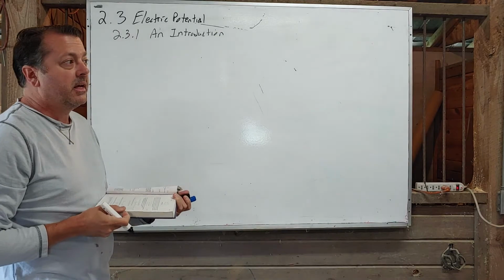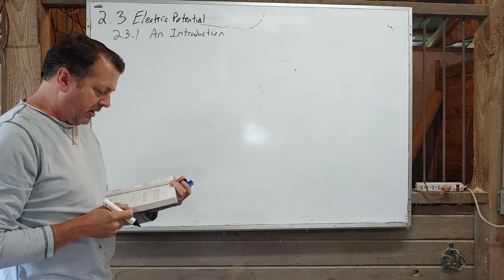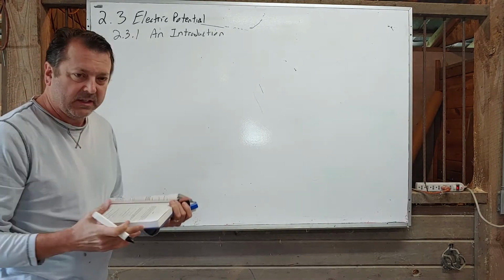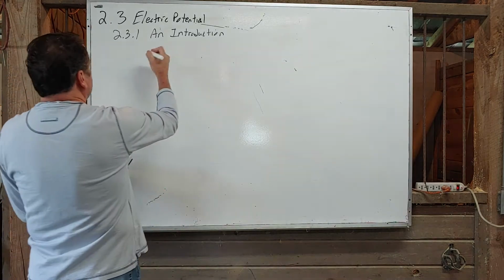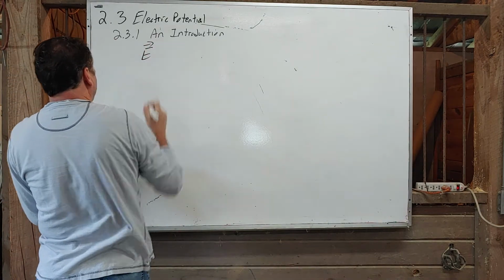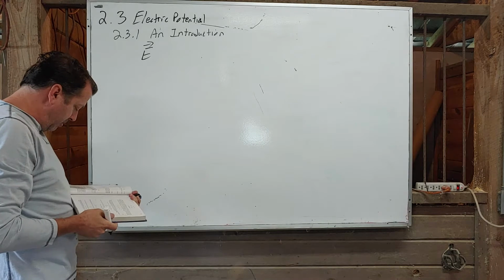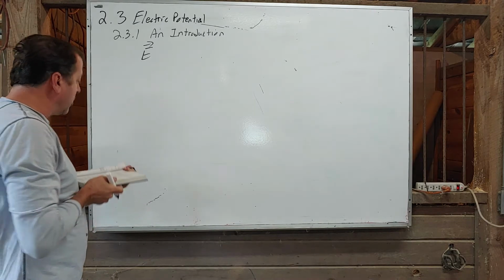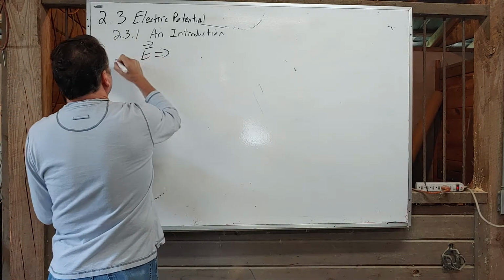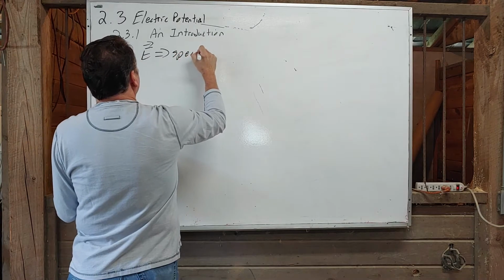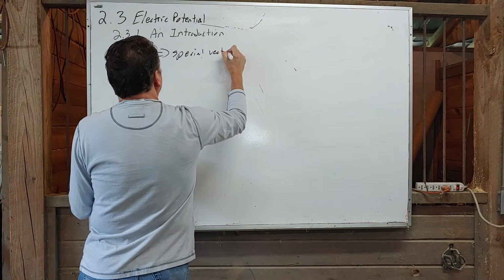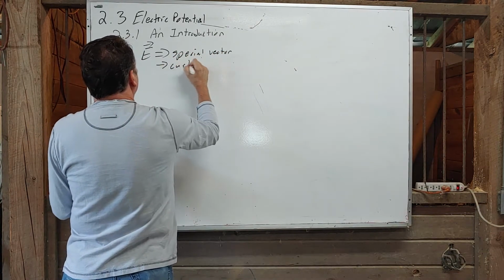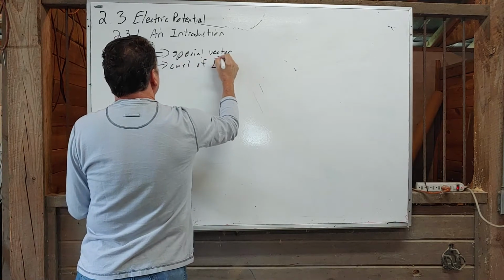They basically say that the electric field is a special type of vector. It's not just any vector. It's a special type of vector such that the curl is zero. The curl of the electric field is zero.